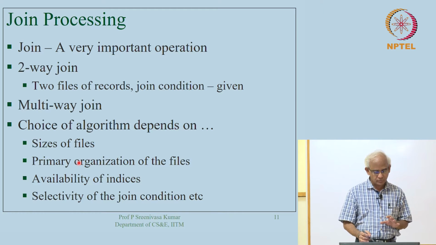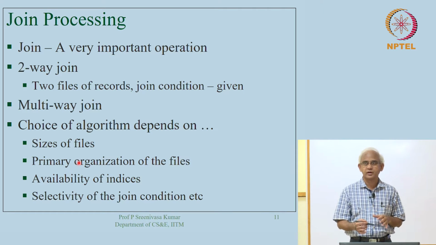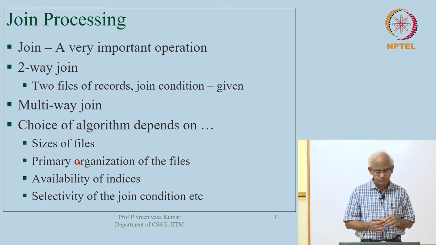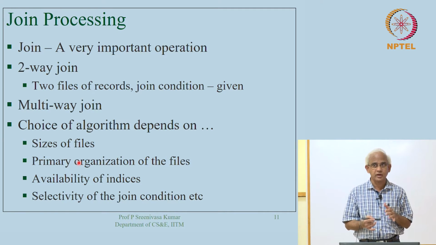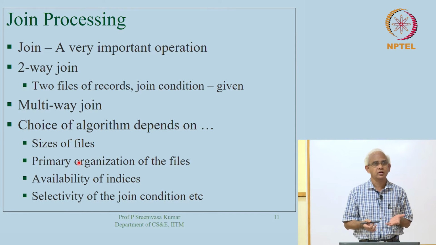We will consider two-way join, where we have two files of records and are given a join condition, and we need to join the records and produce the output. Notice the minimum time that you need to produce a join is proportional to the total number of blocks in file 1 and file 2.